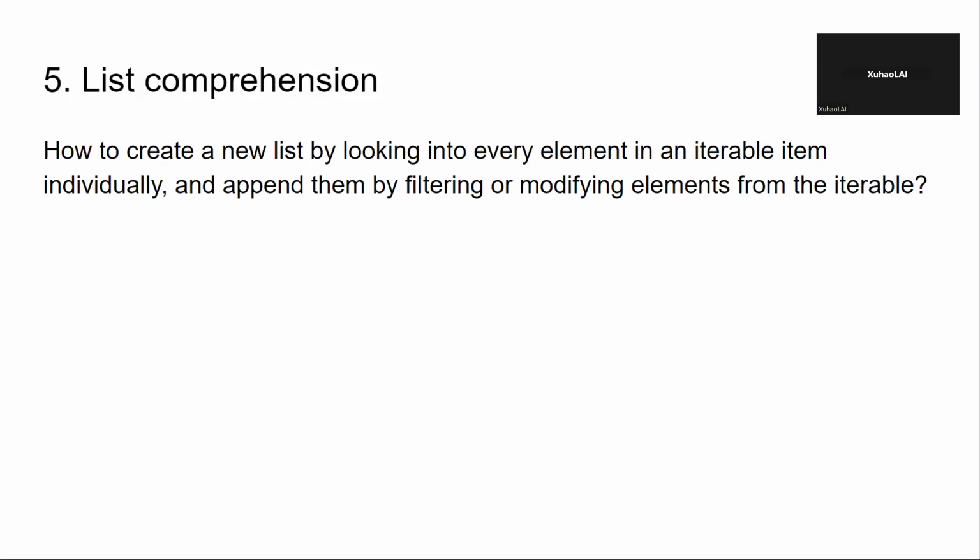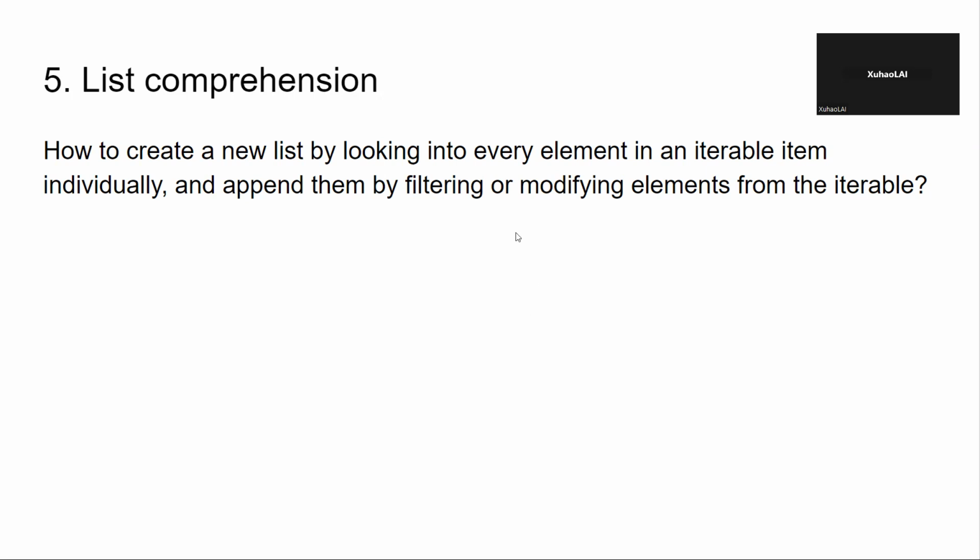Now, list comprehension. Actually you want to create a new list based on another list, or based on another iterable. You create a new list by looking into every element in an iterable item individually. Like you want to modify or filter out some elements in an iterable item and then put all the stuff you think is good into a new list.